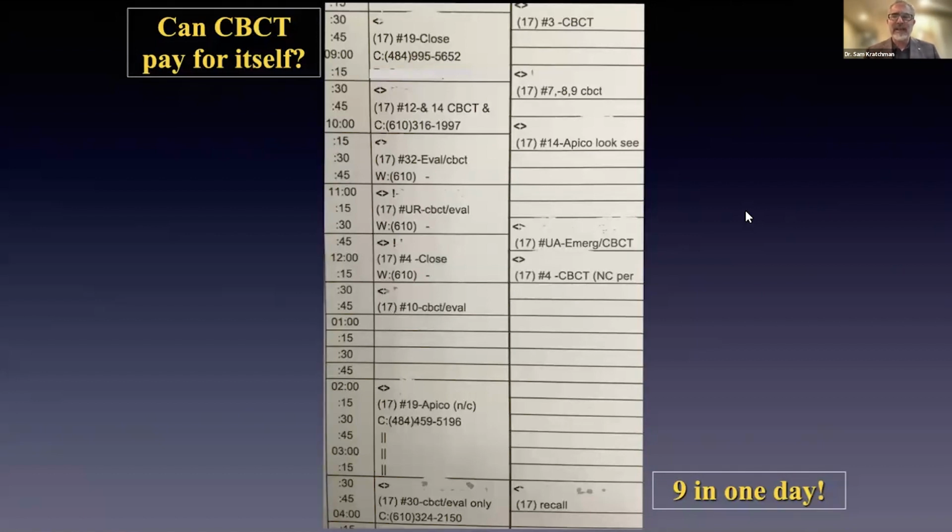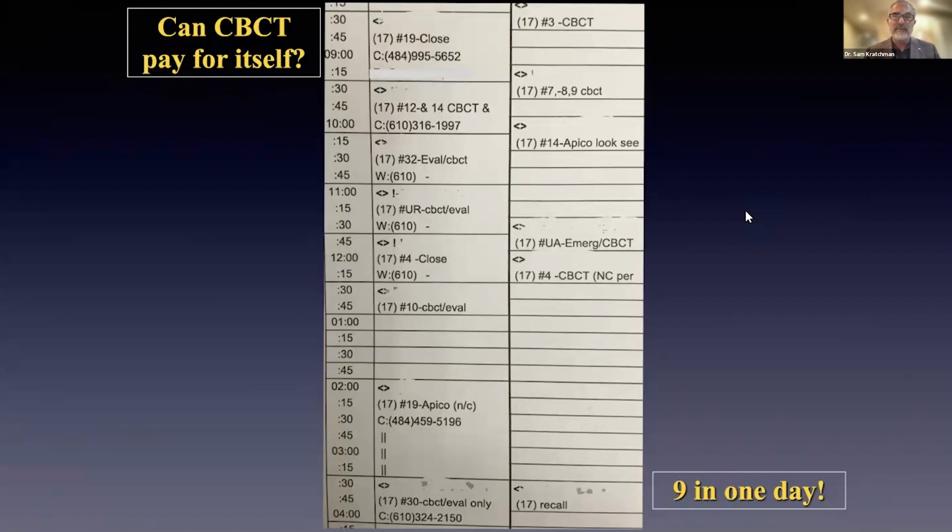But this is just an example. And I'll be totally upfront with everybody. I charge $180 for a cone beam, plus $180 for an evaluation. I do accept some insurance plans, but insurances don't usually cover the cone beam. So when a patient is scheduling just for an evaluation, we quote them $360, of which 180 is going to have to come out of their pocket because we don't anticipate that the insurance will pay for a cone beam.